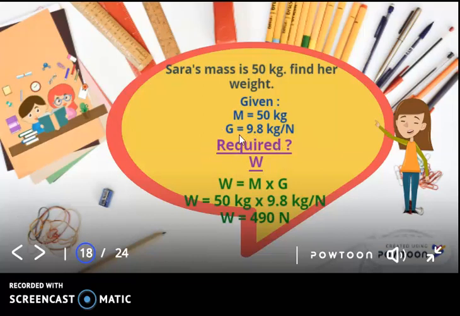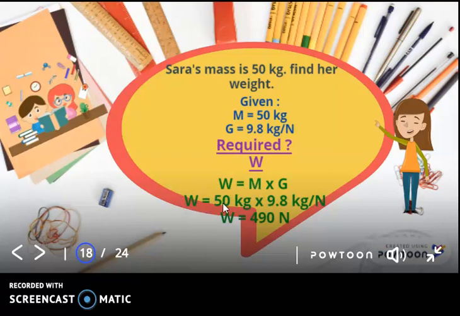Okay, what is required from you? What did the question ask you to find? Find her weight. So I have to find W. What is the formula? You have to know the formula. You have to memorize it. So W equals M times G. Weight equals mass times gravity constant. Weight, this is the thing that I don't know.